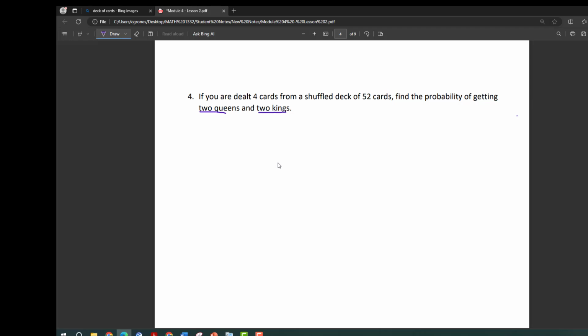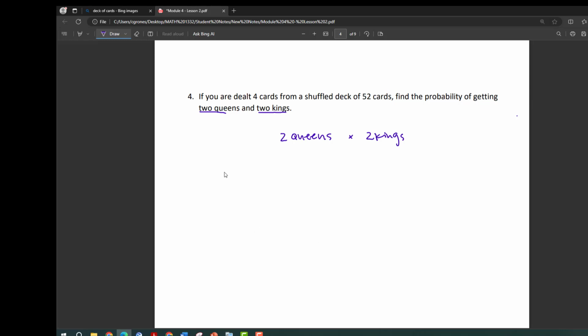We're going to use that fundamental counting principle. So we're going to take the 2 queens, multiply it by the 2 kings. It is still a combination, because it doesn't matter if that card is selected first or if it's fourth. As long as the queens and kings are selected, the order doesn't matter.